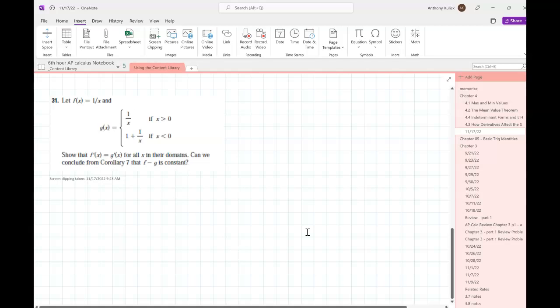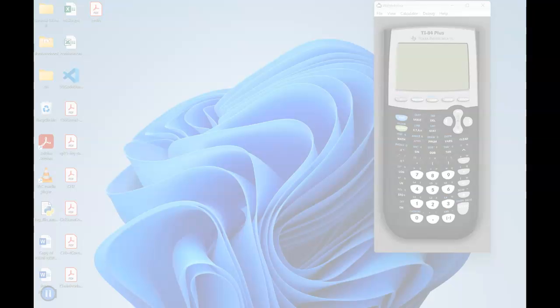All right. 31 says let f of x equal 1 over x and g of x equal 1 over x when x is greater than 0 and 1 plus 1 over x when x is less than 0. Suppose that f prime equals g prime for all x in their domain. Can we conclude from corollary 7 that f minus g is constant? Well, what did corollary 7 say? Let's grab that real quick and dump that in here.